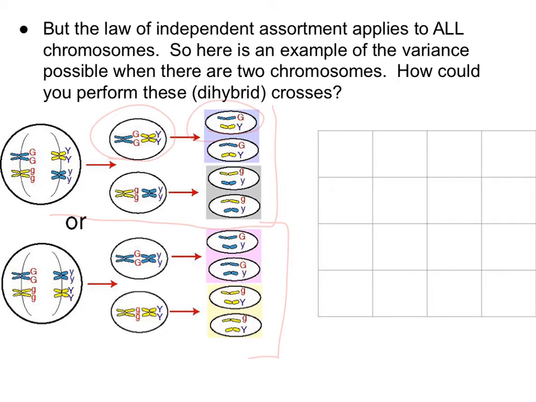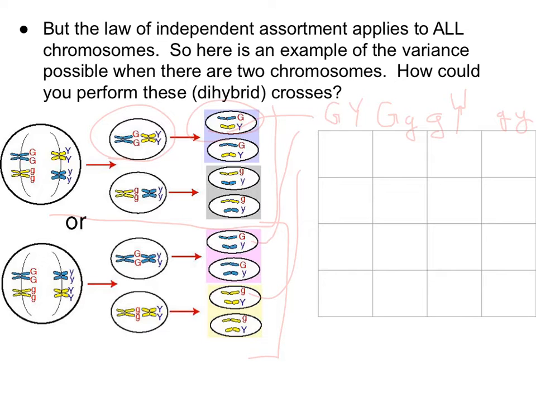Here, these are the sperm that are possible from this organism. So you could have GY, right, that would be this one, or this one going up there, and this one, or GY.